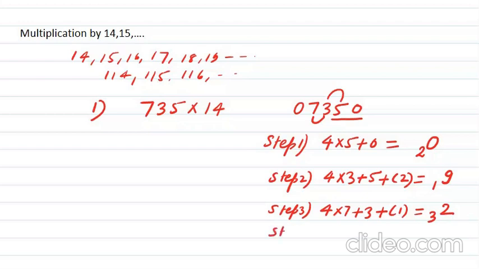Step number 4. So in step number 4, what you get? You get the number 0 and 7. So you multiply 4 into 0, you add 7, and then you also add the carry over term. So in this case, what you will get? You will get 7 plus 3, that is equal to 10. So you write 10 here.